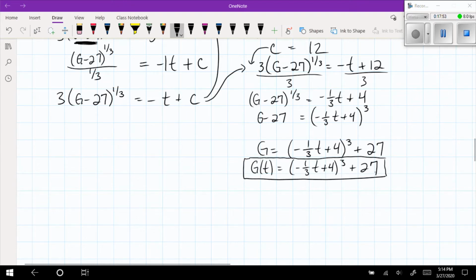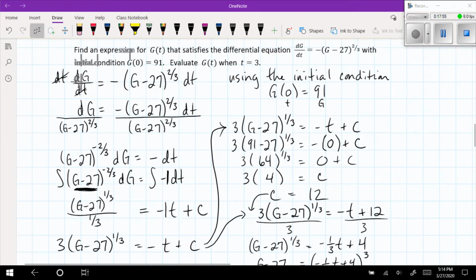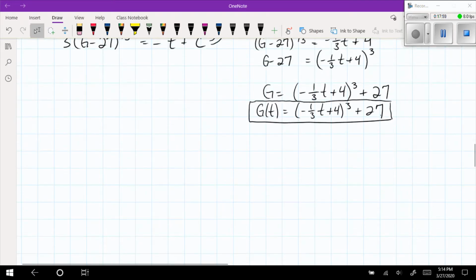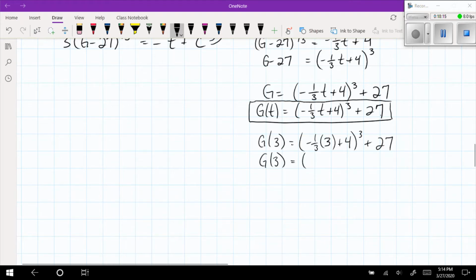Alrighty. Now the second part of our question says evaluate g of t when t is 3. So now I want to put a 3 in here. I'm now looking at g of 3 is equal to negative 1/3, there's my t, plus 4 cubed plus 27, and the t value is 3. Okay, g of 3 is now negative 1/3 times 3 is negative 1 plus 4 cubed plus 27.